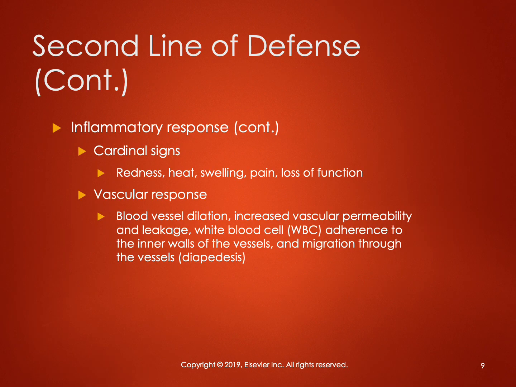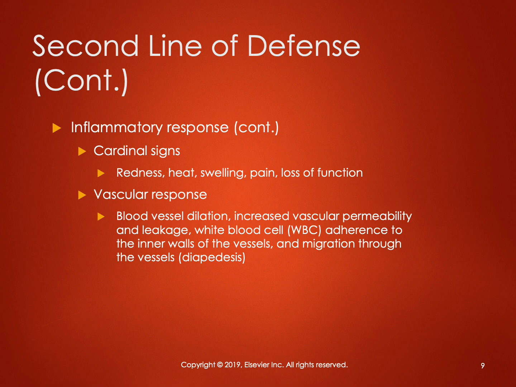When looking at the inflammatory response, it is important to note that there are many different types of injuries that can activate the inflammation process. Injuries such as necrosis, trauma, chemical injury, foreign bodies, and even extreme temperatures.